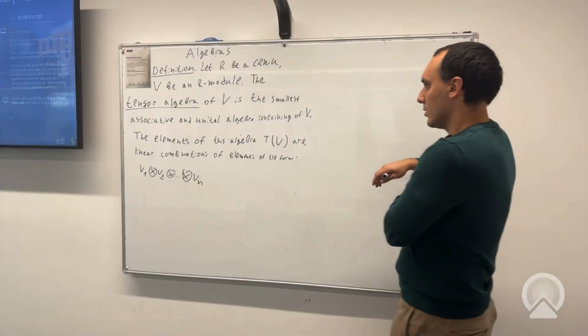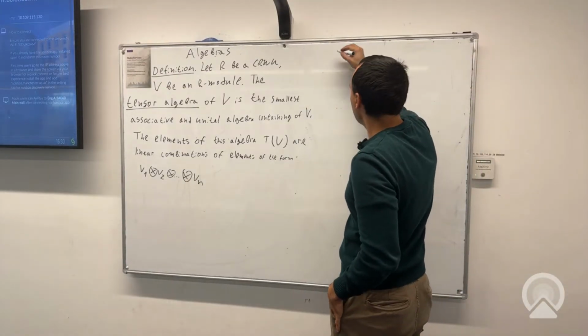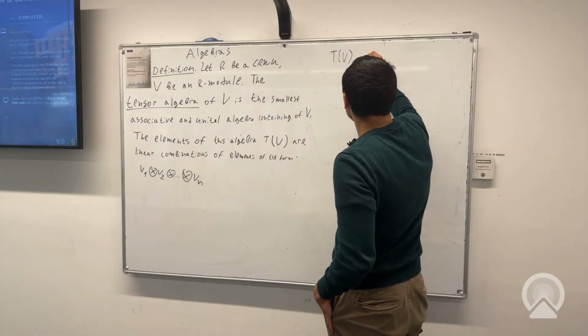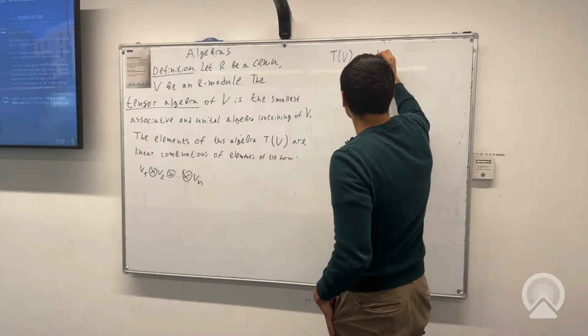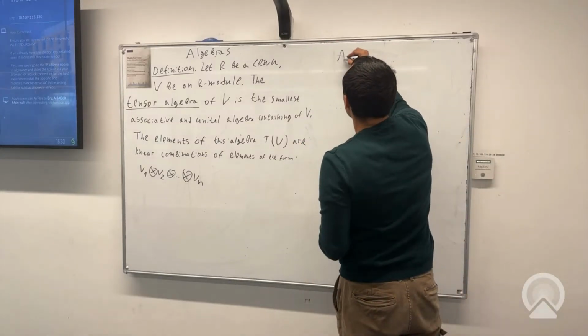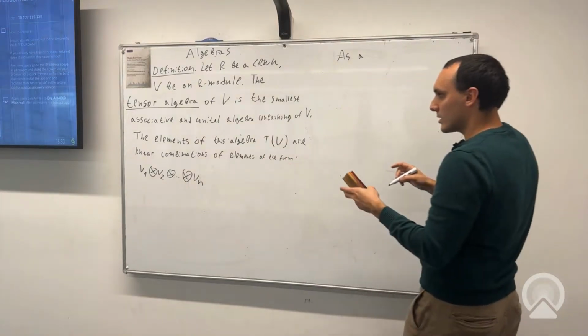So we have that the tensor algebra of V, as a vector space, has three operations: addition, multiplication, scalar multiplication.